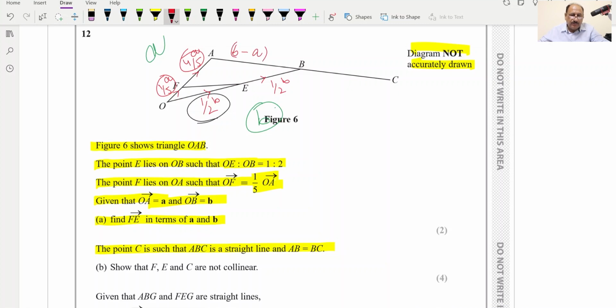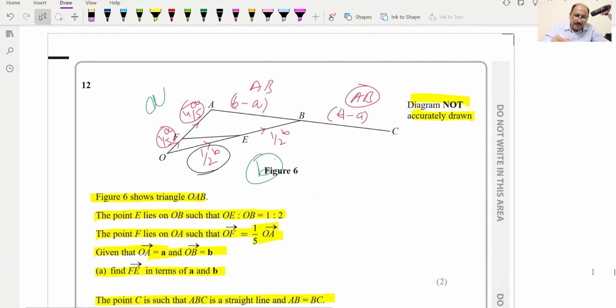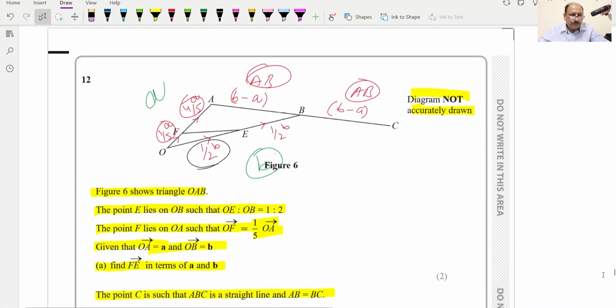So we have written this as b minus a, and this is also b minus a, because this is AB and this is also equal to AB. So both are b minus a.